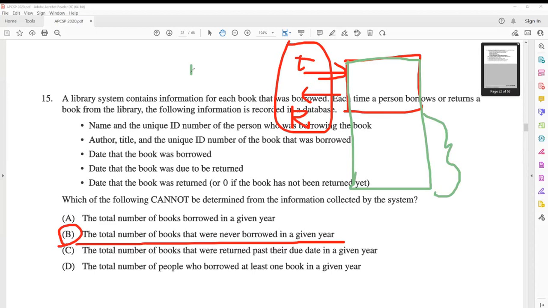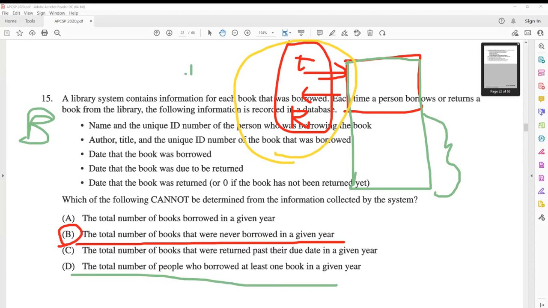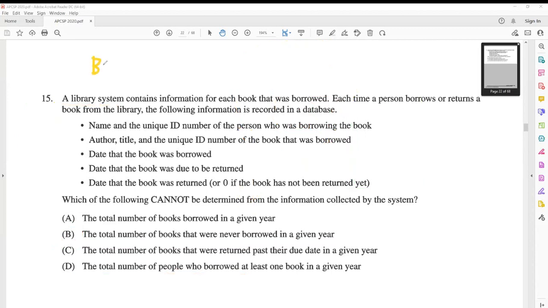So the answer is B. As for D, the people who borrow at least one book in a year, you can only know the people who actually borrow books from this library. If he also borrows from another library, that cannot be known either. It cannot be calculated based on this transaction data. Our system is trying to pick the best fit solution. So the exam says B is better. Is that okay?